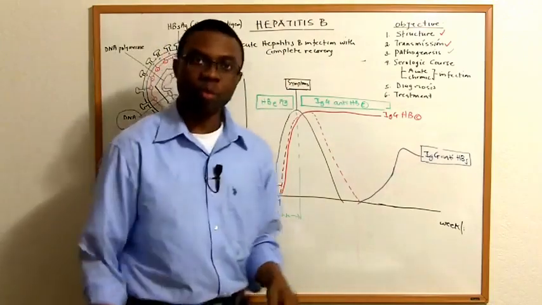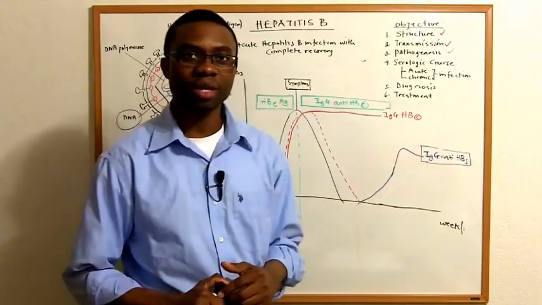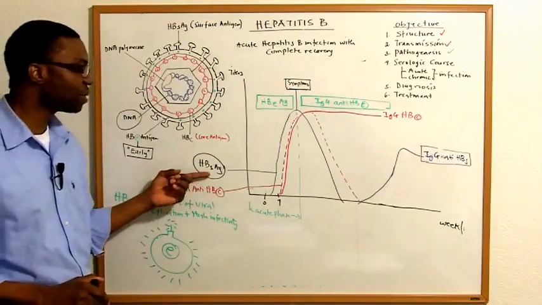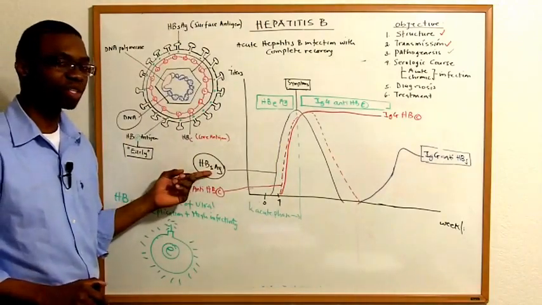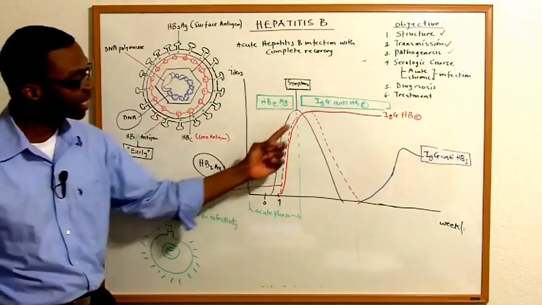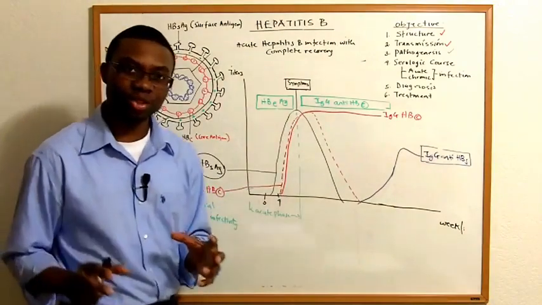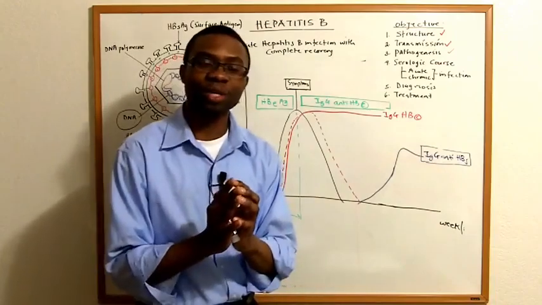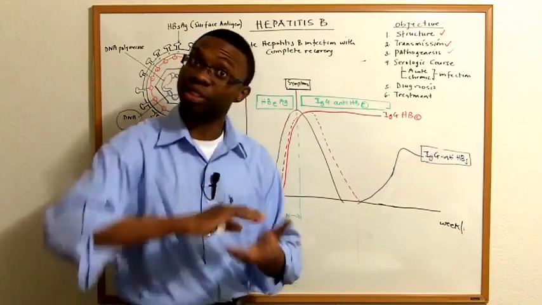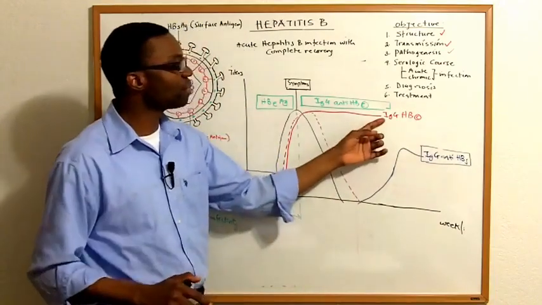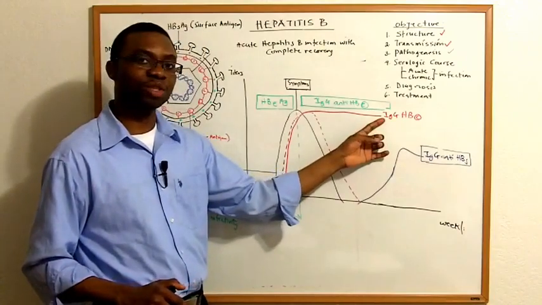So, when somebody's in the window period, they're not going to be positive for a surface antigen because it's already getting cleared out of the system. The only thing you're going to be able to measure when you catch somebody during the window period, where they still have an infection but it's been cleared, is you're going to be able to detect this inside their bloodstream.